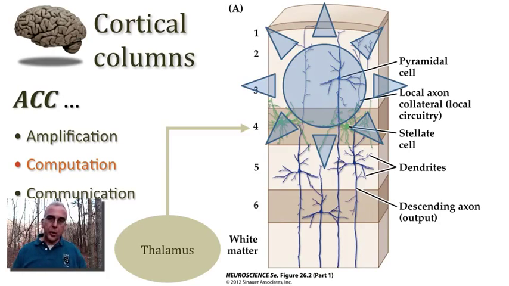We'll see some wonderful examples of computational properties that emerge as a result of the operation of cortical networks. And the final C is communication, as these signals are then disseminated along higher order pathways. We'll see an example of that here as well. So the ACC of the canonical cortical microcircuit was truly first established by studies of this part of the brain, the visual cortex.